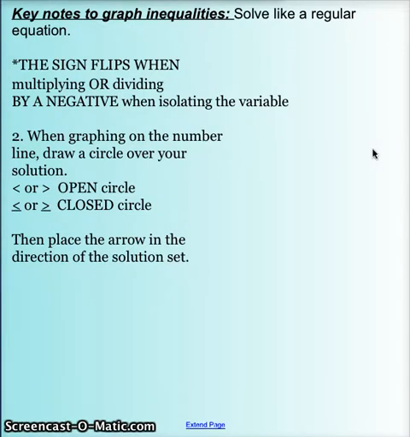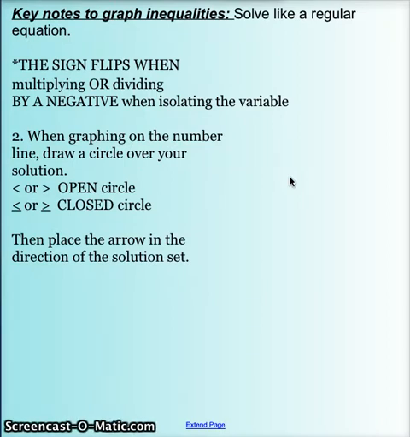So to solve and graph inequalities, you just solve like a regular equation. Keep in mind, the sign flips when multiplying or dividing by a negative when isolating the variable. Number 2. When graphing on the number line, draw a circle over your solution above the number line.